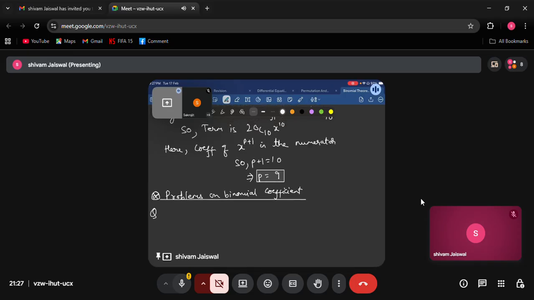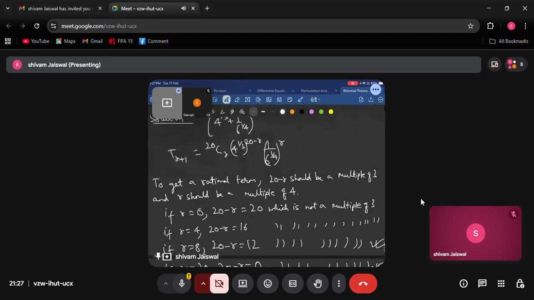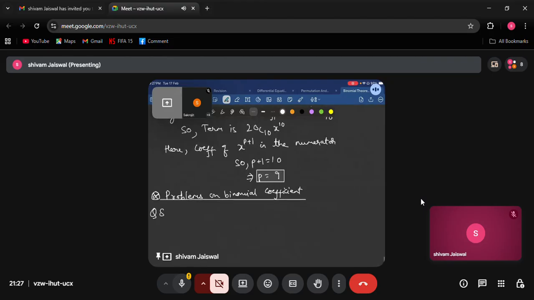Question number 8. Show that C0 square plus C1 square plus C2 square plus dot dot dot plus Cn square is equal to 2nCn.